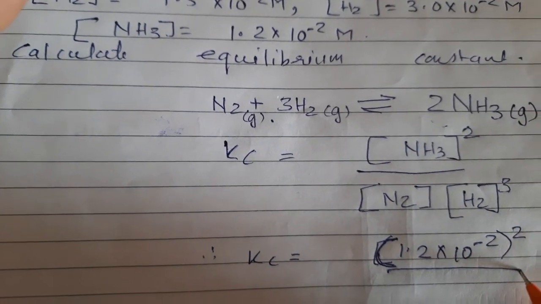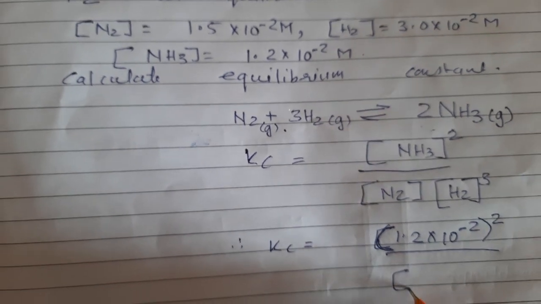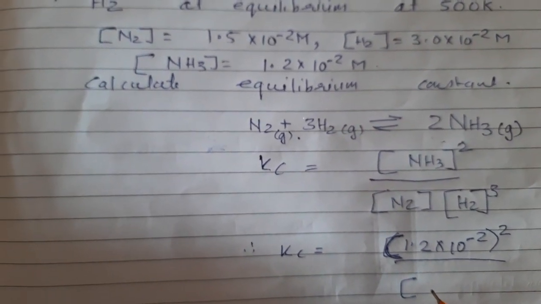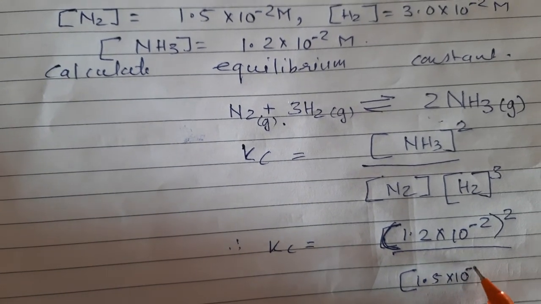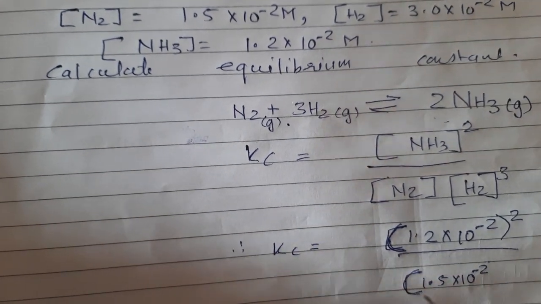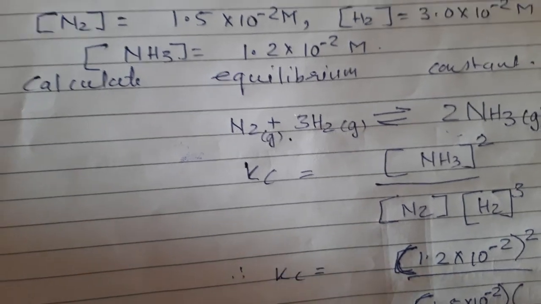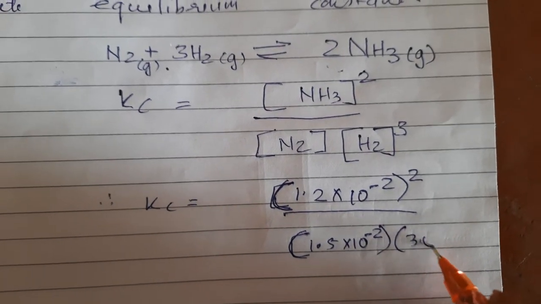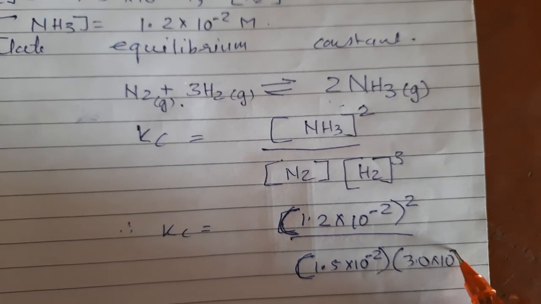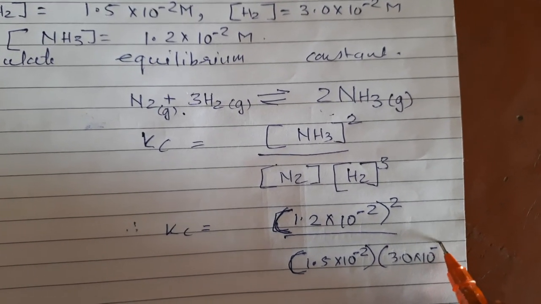Because we have balanced the reaction with 2 NH3; 2 moles are taken. Then nitrogen: what is the concentration of nitrogen given? 1.5 into 10 raised to power minus 2. Then the third one is hydrogen concentration, which is 3 into 10 raised to power minus 2 molar.